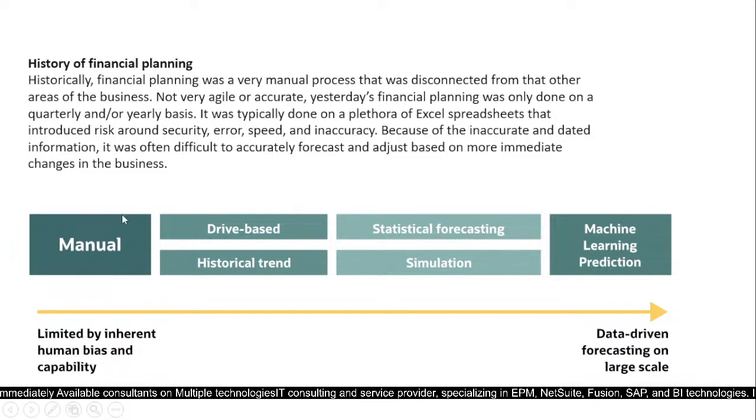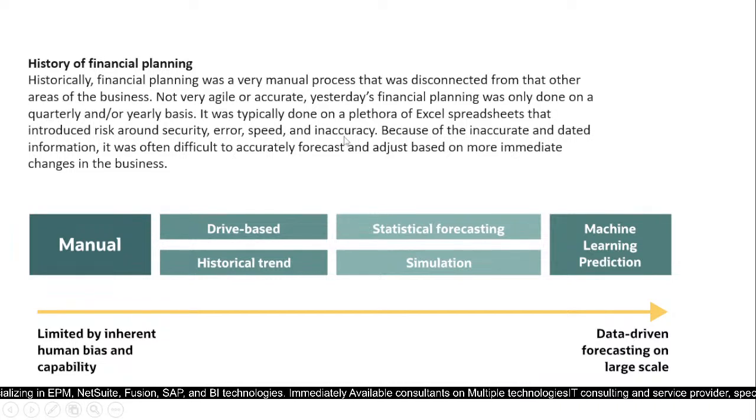If we talk about the history of financial planning, historically it was a very manual process that was disconnected from other areas of business, not very agile or accurate. Yesterday's financial planning was only done on a quarterly or yearly basis. It was typically done on a plethora of Excel spreadsheets that introduce risk around security, errors, speed, and inaccuracy.